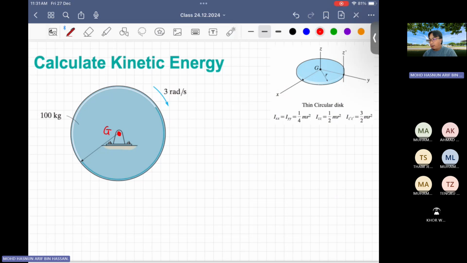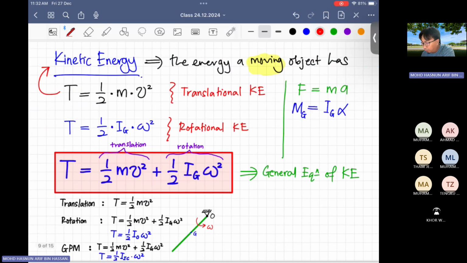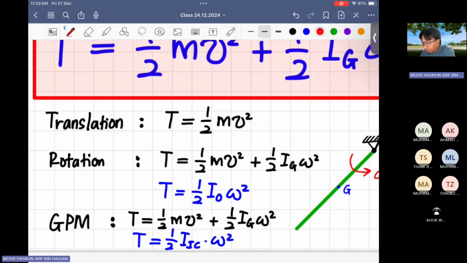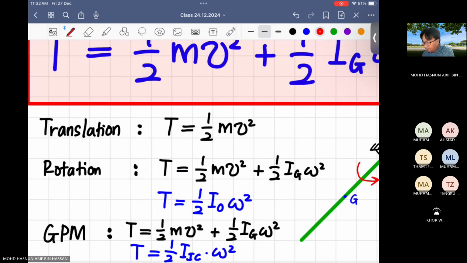So how do you calculate kinetic energy here? Any idea? Which formula should you use? We use Izz. Izz is for the mass moment of inertia, but I'm asking about the kinetic energy formula first.